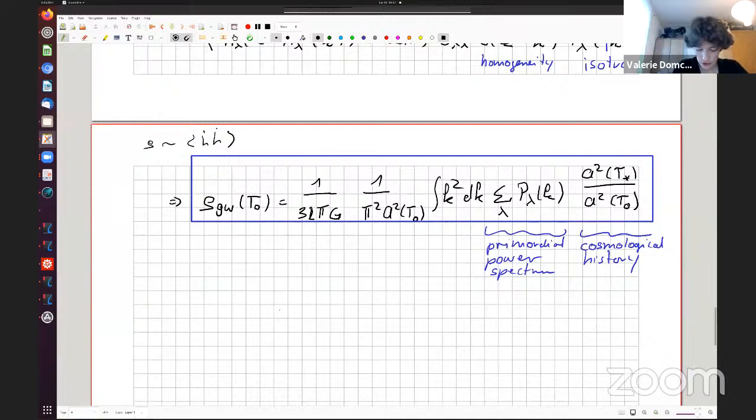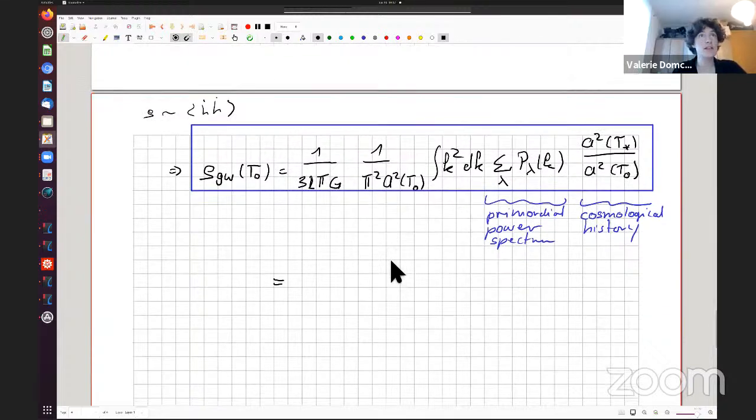And now just for notation, we can rewrite this energy density as the critical energy density times the integral d ln k of 1 over the critical density, d rho GW d ln k, right? So this is just a complicated way of writing the left-hand side.